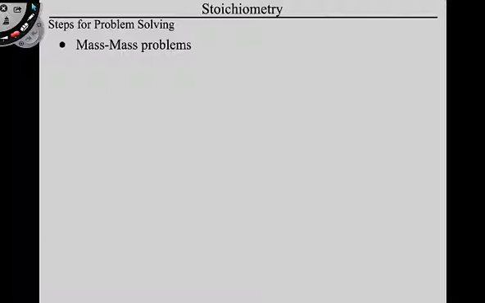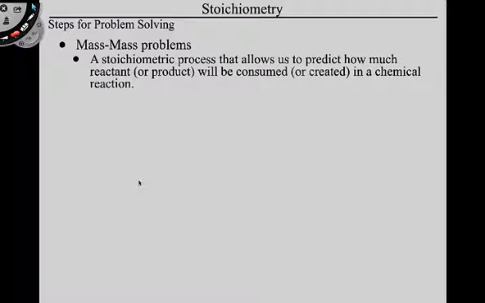So anyway, mass problems. They go like this. So a mass problem, guys, is a stoichiometric process. What does that mean? It just means balanced equation stuff. So it's a stoichiometric process that allows you to figure out how much reactant or product is created or consumed in a chemical reaction.